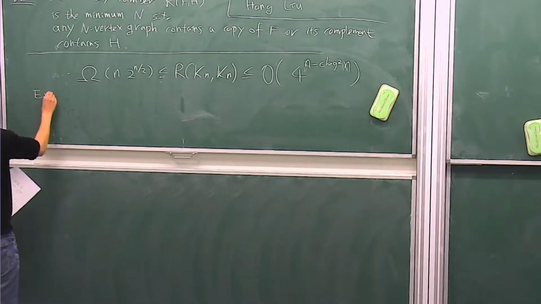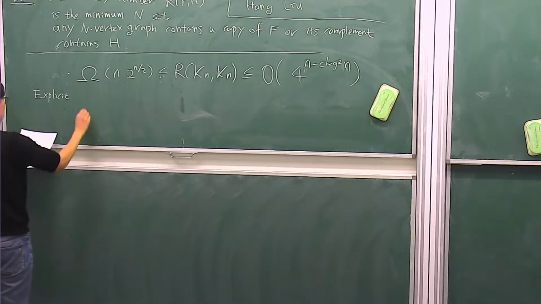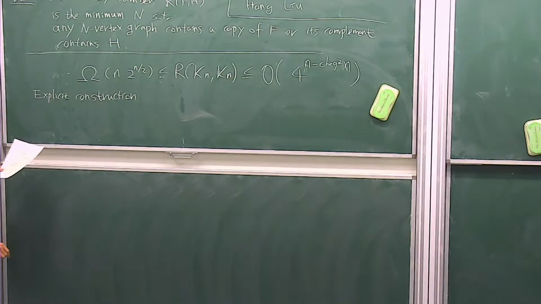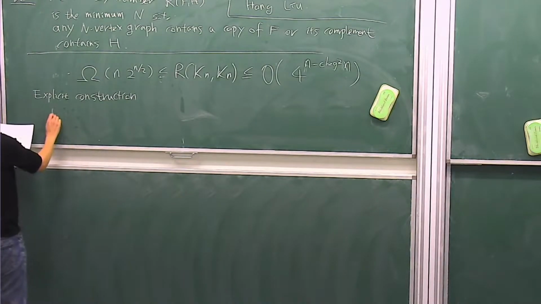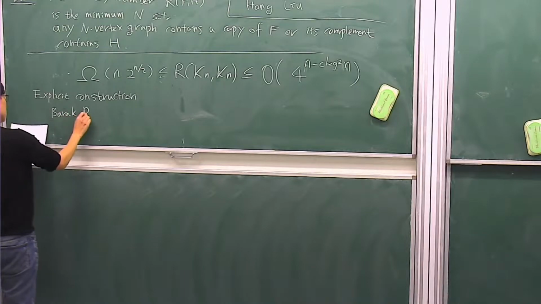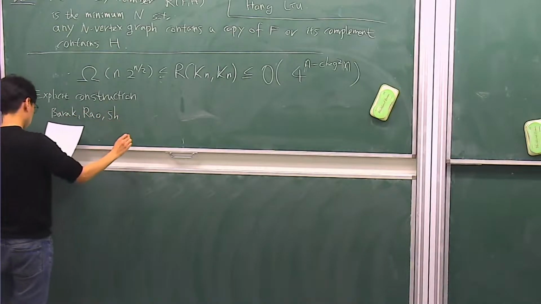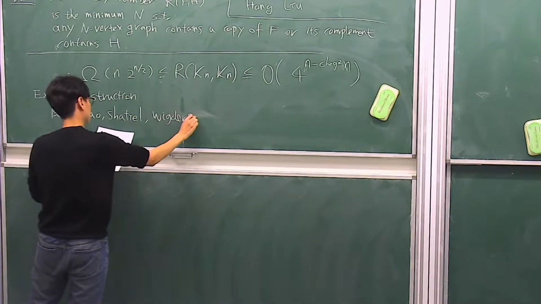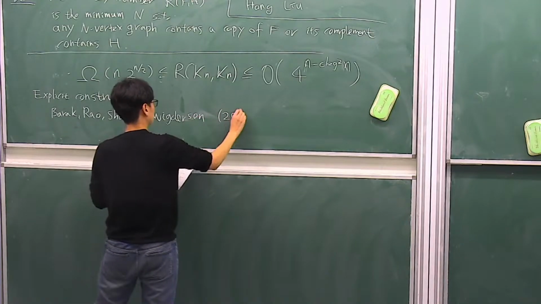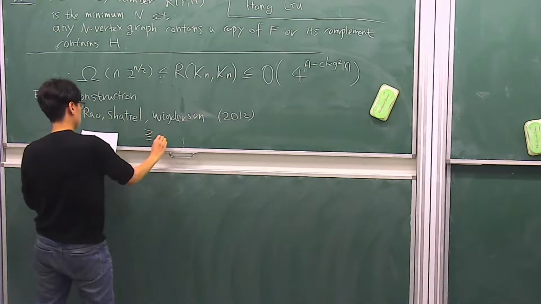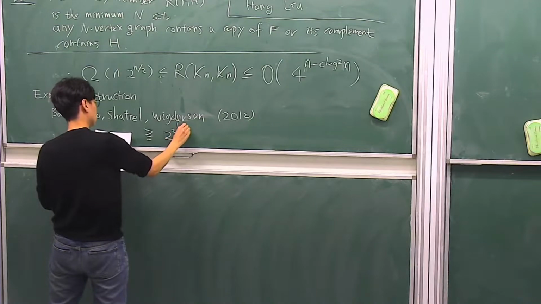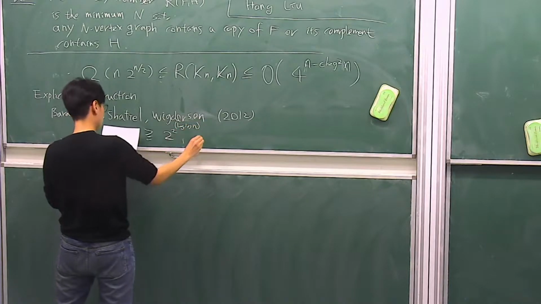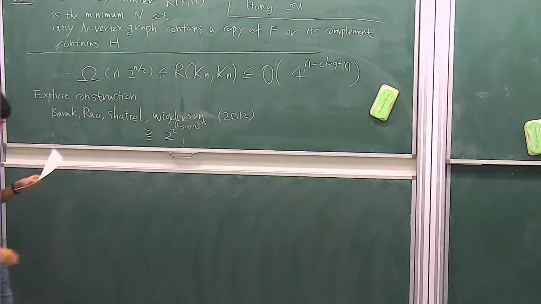But people have tried to also find explicit constructions, and those are really difficult. For example, the best one we know is still not exponential. In 2012, they showed that this is at least 2 to the (log n) to the 1 plus epsilon.